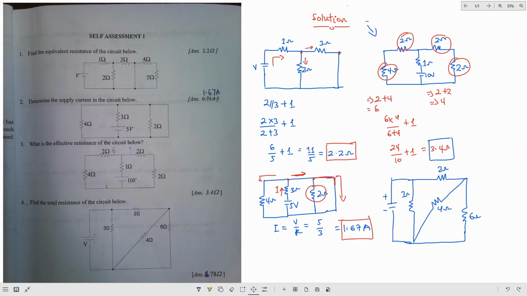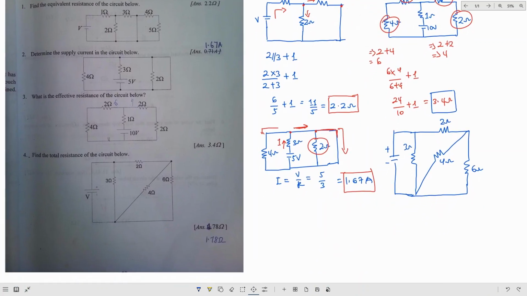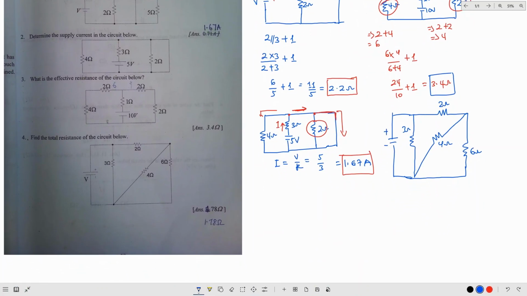So now let's go ahead and find the effective resistance. What will happen is that this 6 ohms here and these 4 ohms resistors are going to be in a parallel connection, and then at the end they will be in series with these 2 ohms. So we're going to have 4 parallel 6, plus 2.